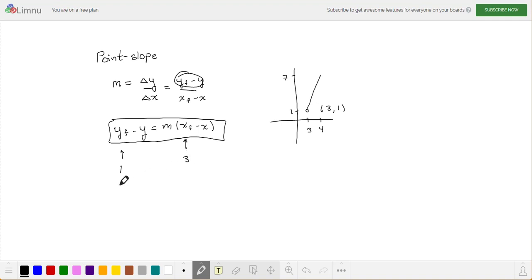So now here's what the equation looks like. 1 minus y is the slope, and we know the slope is just the rise over the run, so delta y is equal to 6, and my delta x is equal to 1. So to get slope, I divide those two.